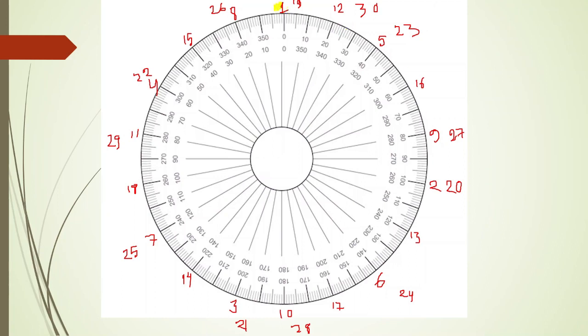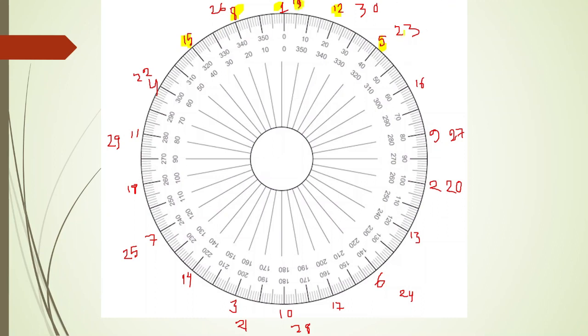So first is 1. Okay, we have got our 1. Next is 5. So this is our 5. Next is 8. Here is 8. Fine. Next is 12. So this is our 12. Next is 15. This is our 15. Next is 19. Again, this is 19.